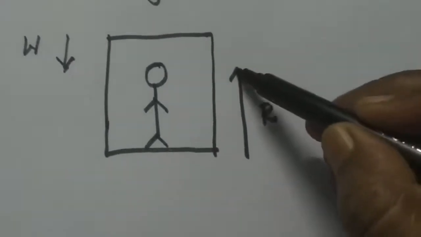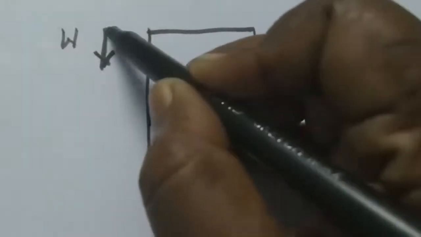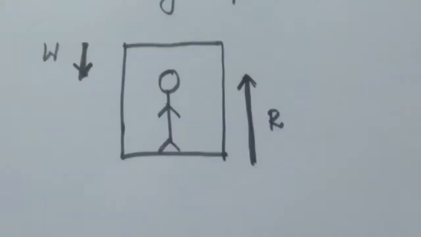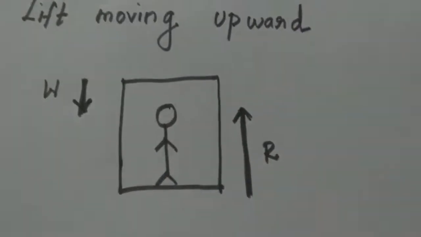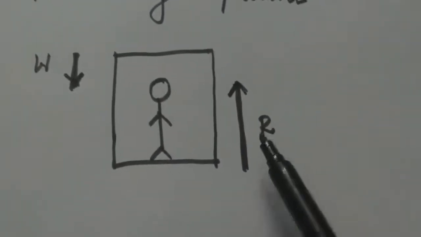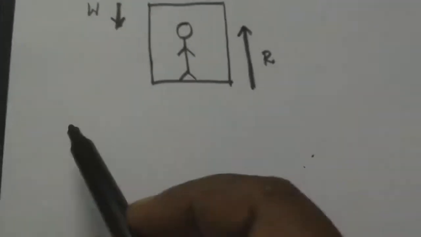See the arrow mark, the R is greater than W. So when the lift is moving upward, apparent weight R is greater than the actual weight W. Let me now explain the concept.